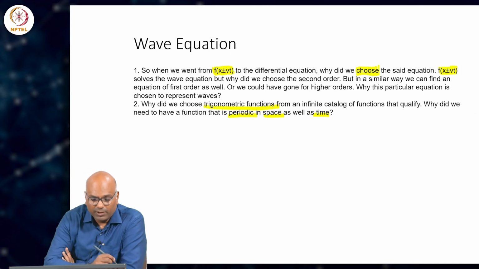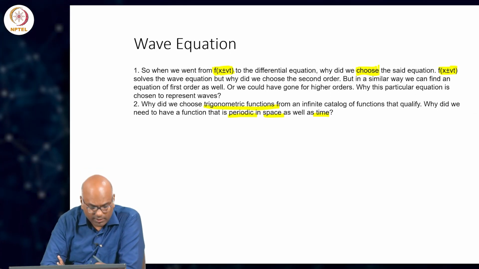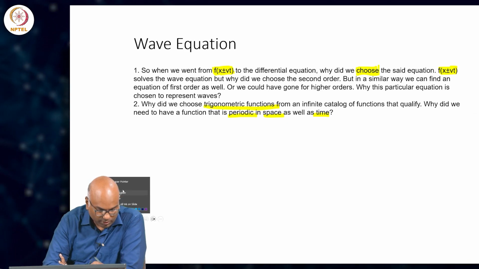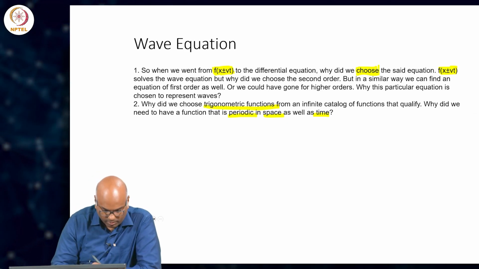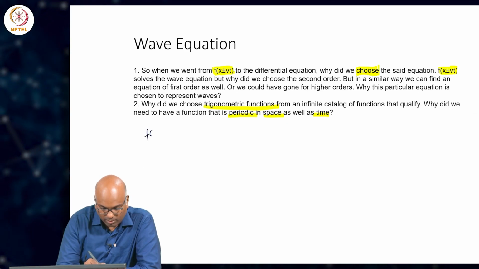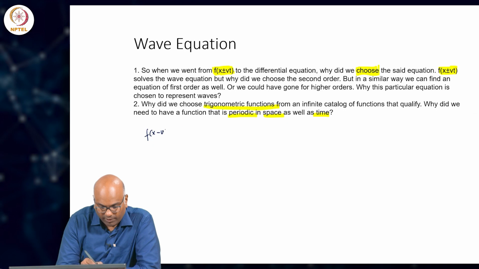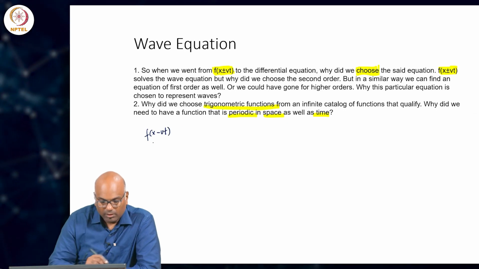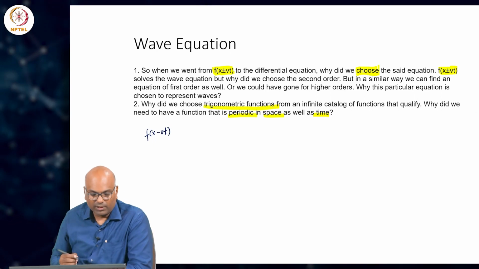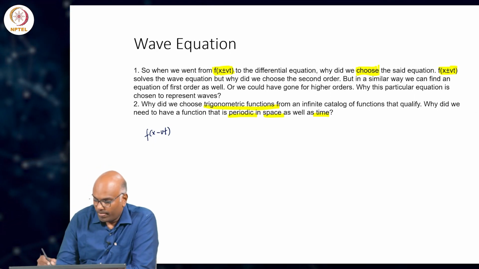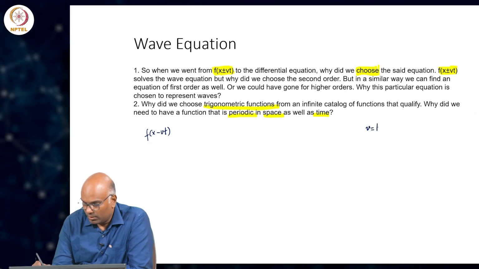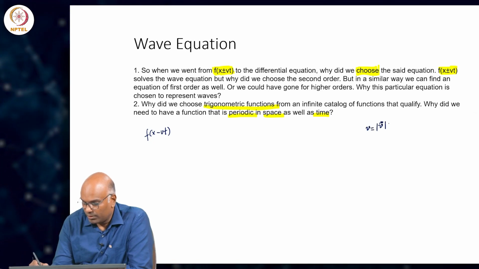So, first of all, the reason why we chose a function of the form f of x plus or minus vt, the significance of the sign before v. So, what is v? v is the magnitude of the velocity vector.